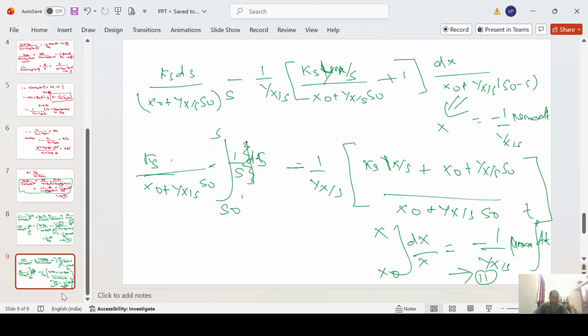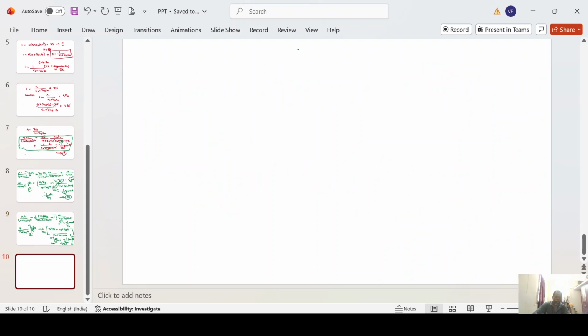So the last term is, so the last term how we need to write is Ks by x naught plus yx by s naught ln of s by s naught minus 1 by yx by s of that bracket term, the whole bracket term.